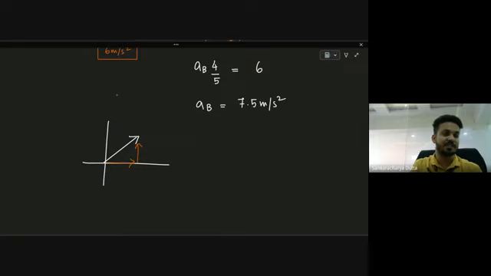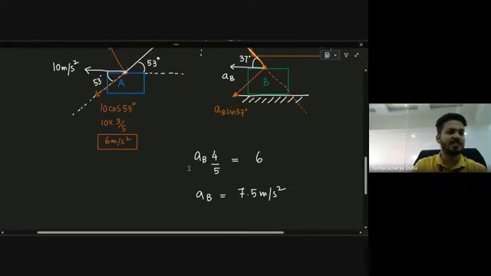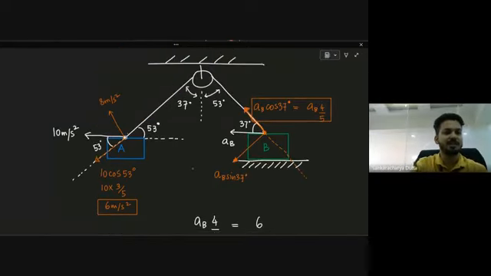You cannot break it into something else, because if you add those components, your vector will never come out to be the original vector. Does this make sense? Yes, sir. Unless your direction is the same, you can make it here also, but the direction should be the same. I don't know how you made it, so you can send me a picture, and then I can tell you whether it is correct or not.